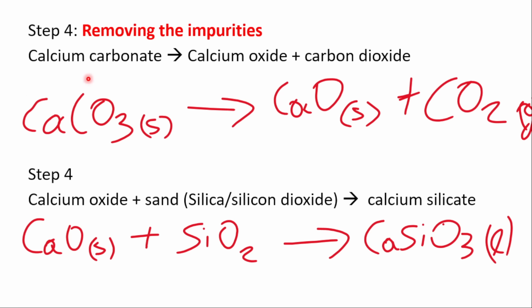You add calcium carbonate, and calcium carbonate will form calcium oxide and carbon dioxide. Then you react the calcium oxide that was formed with silica, or silicon dioxide, which is from sand, and you get what is called calcium silicate. That's how you remove the impurities from the process of removing iron from its ore.